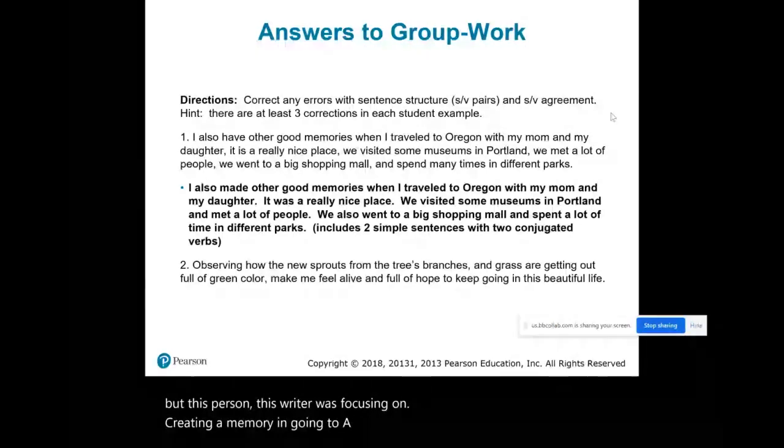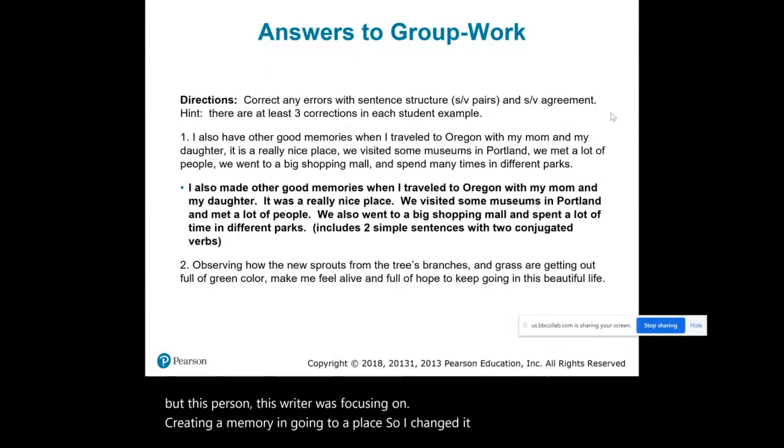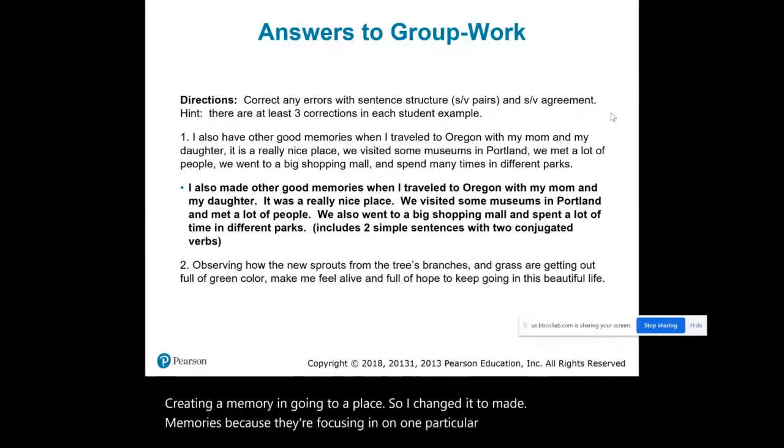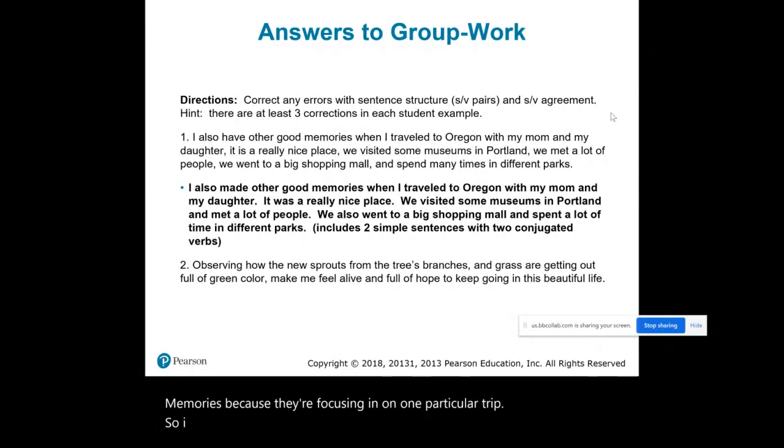So I changed it to made memories because they're focusing on one particular trip. I changed have to made. So I made other good memories when I traveled to Oregon with my mom and my daughter, period.